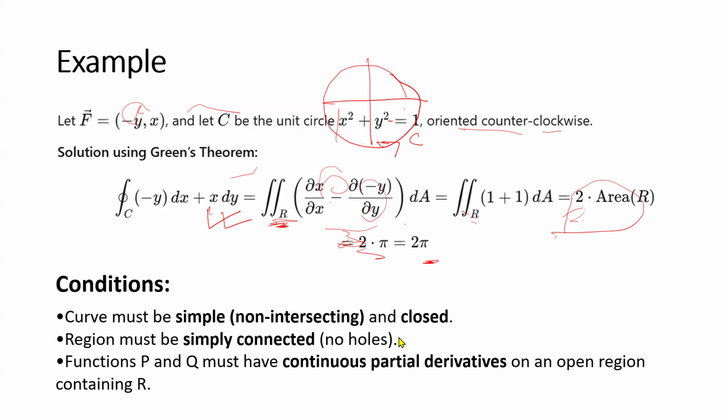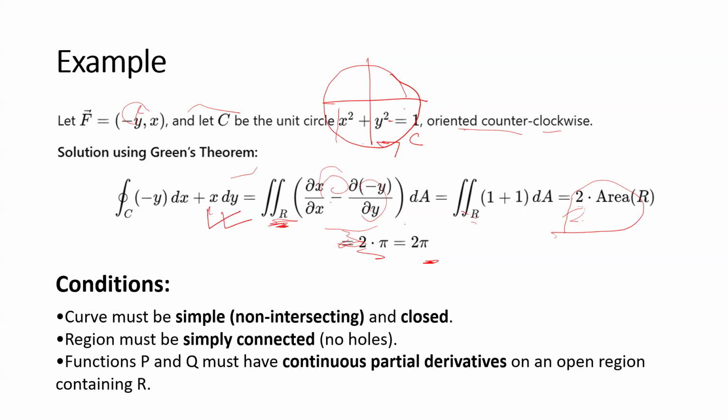Now, under what conditions must we apply Green's theorem? The curve must be simple, non-intersecting, piecewise smooth, and closed. The region must be simply connected, with no holes, so there should not be any discontinuity within the closed portion.